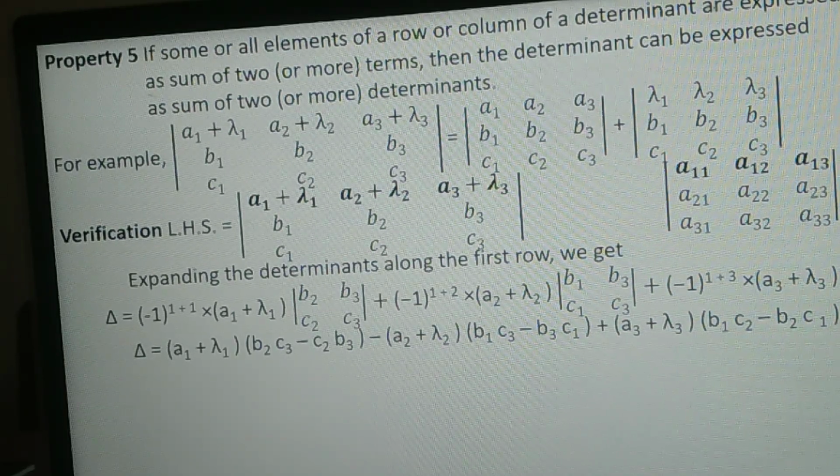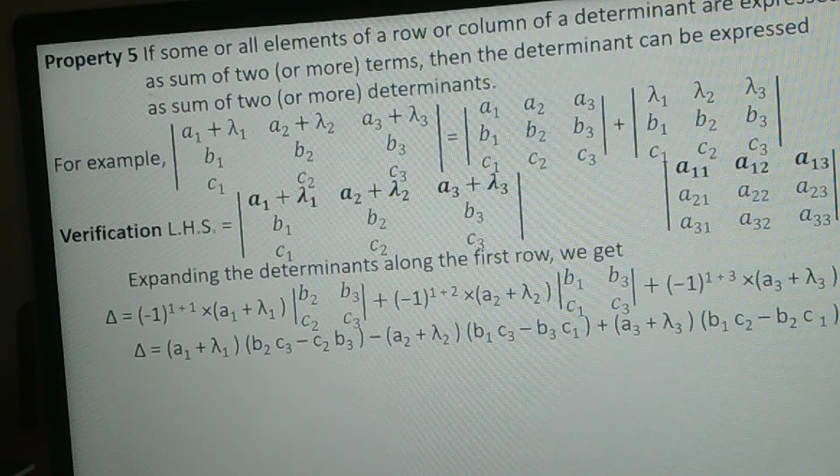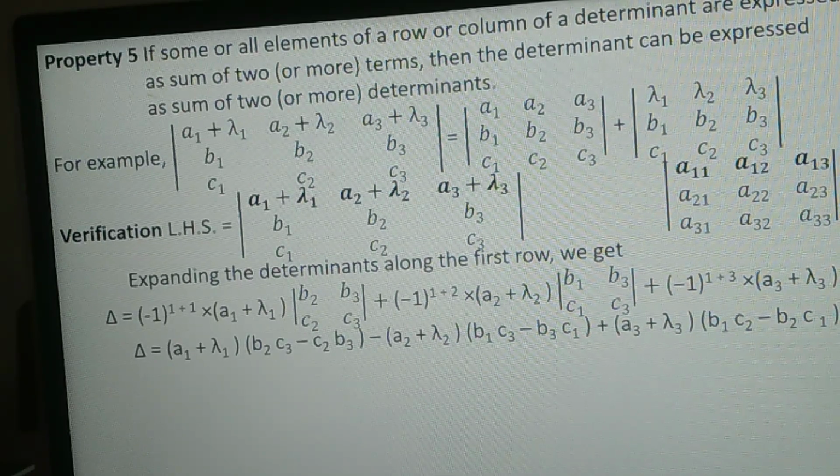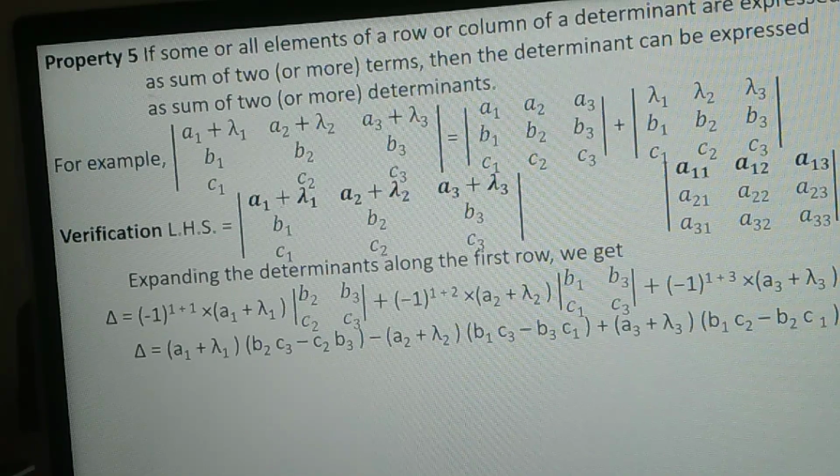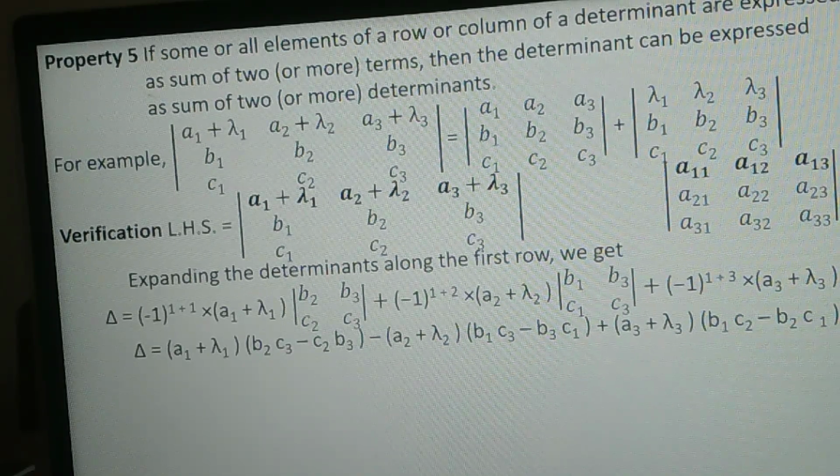Delta is equal to a1 plus lambda 1 into b2 c3 minus c2 b3, minus a2 plus lambda 2 into b1 c3 minus b3 c1, plus a3 plus lambda 3 into b1 c2 minus b2 c1.